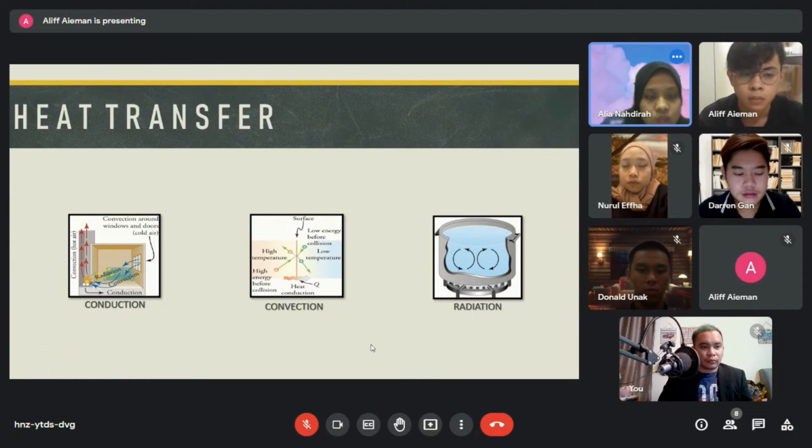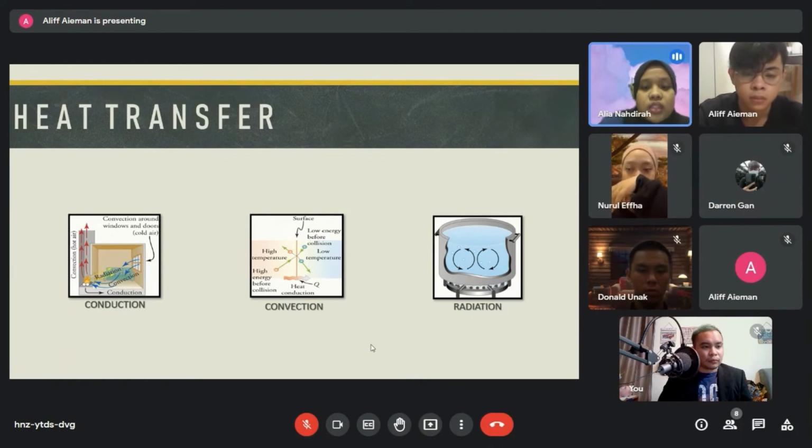For picture number two, we can see atoms and molecules in bodies at different temperatures. The average kinetic energy of a particle is greater in a hot body than in a cooler body.